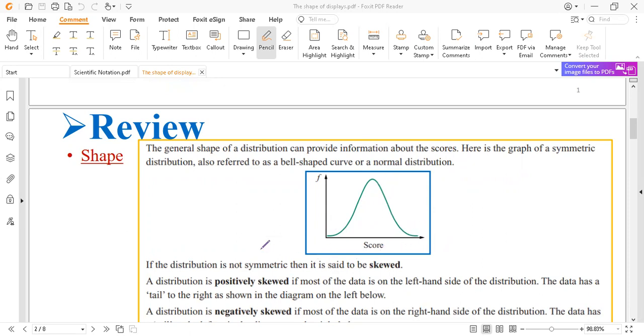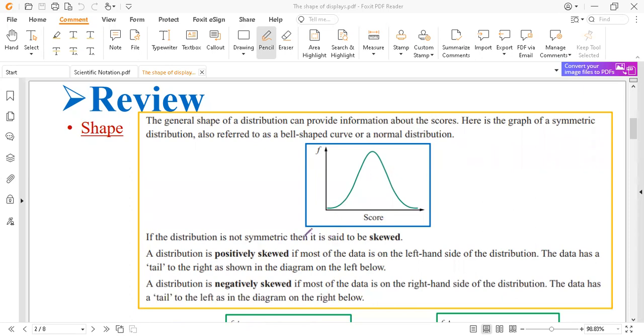But in general, the distribution is not symmetric, so we say that the distribution is skewed. The distribution can be positively skewed or negatively skewed.